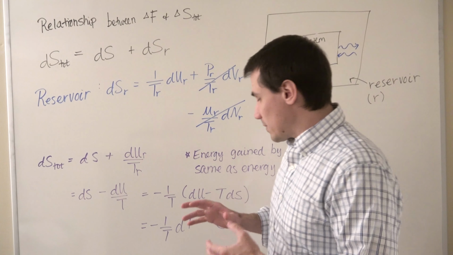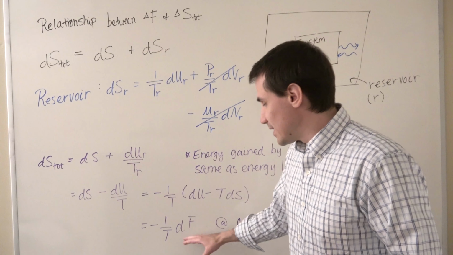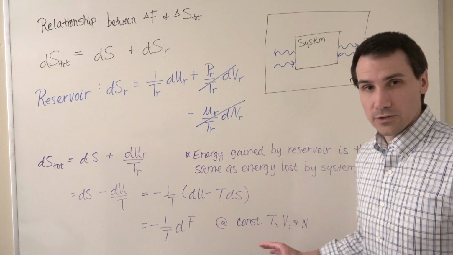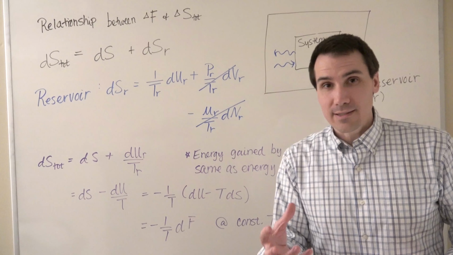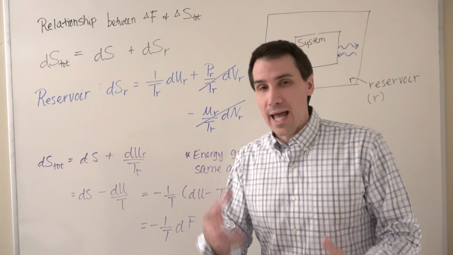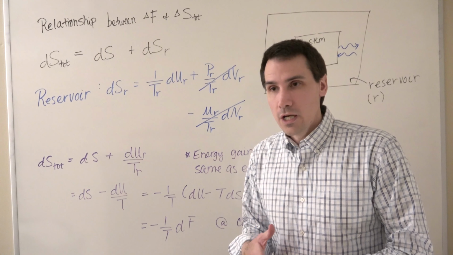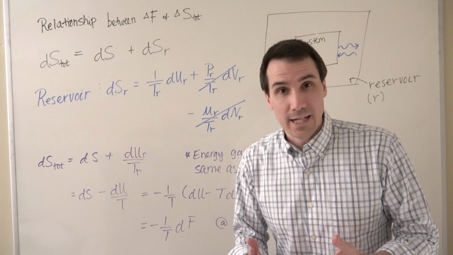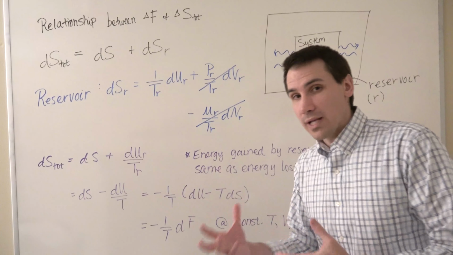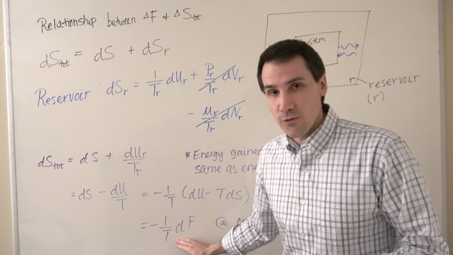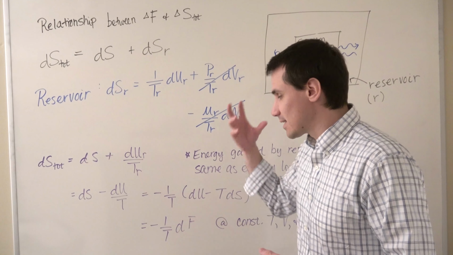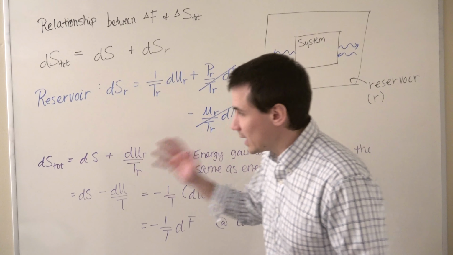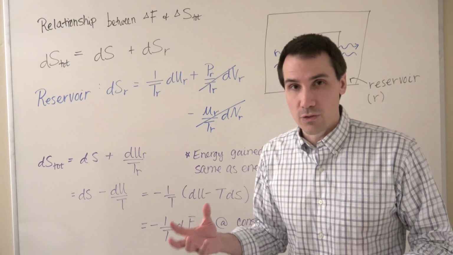Now, that means that a process that has a negative change in free energy with these variables, T, V, and N held constant, will happen spontaneously because it will increase the entropy of the entire universe. So, for example, if I have some gases that could react with one another, they will react with one another if the change in free energy for that system is less than 0. That means their reaction will increase the total entropy of the universe.